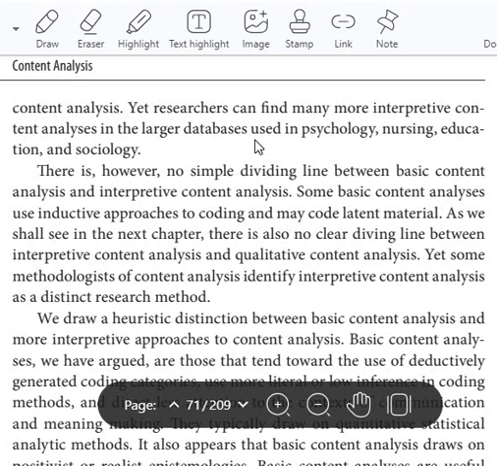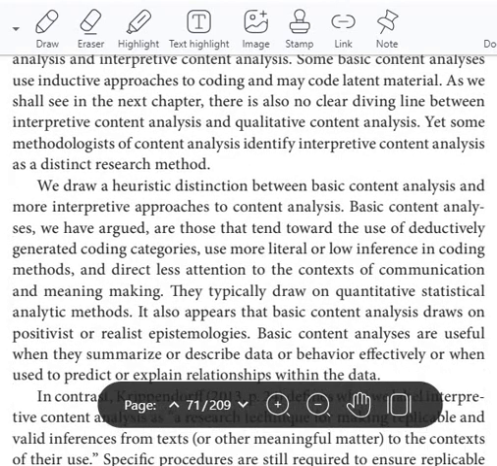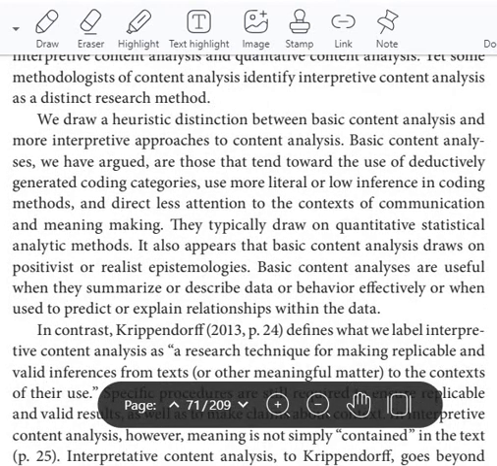We should remember this: no simple dividing line between basic content analysis and interpretive content analysis. But for the basic content analysis, we all know that it uses the inductive approaches and the deductive. Some basic content analysis may tackle some latent material. Here is some information about the previous one, the basic content analysis.